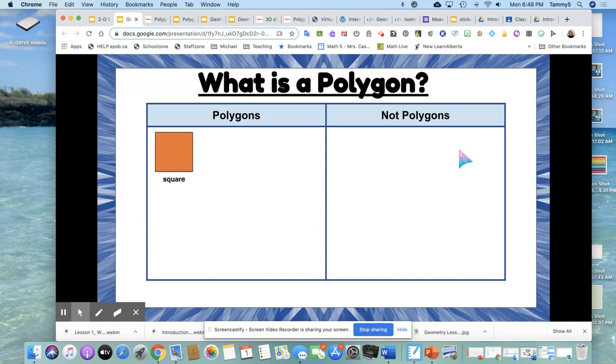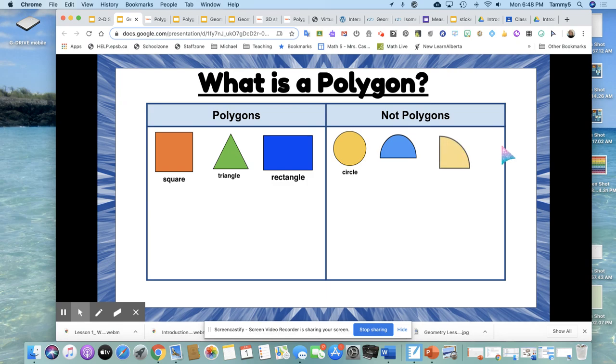A square is an example of a polygon, but a circle is not. A triangle is a polygon, but a half circle isn't. A rectangle is a polygon too, and a quarter of a circle is not. A parallelogram is an example of a polygon, whereas this figure, even though it looks like a square, look at the corners.